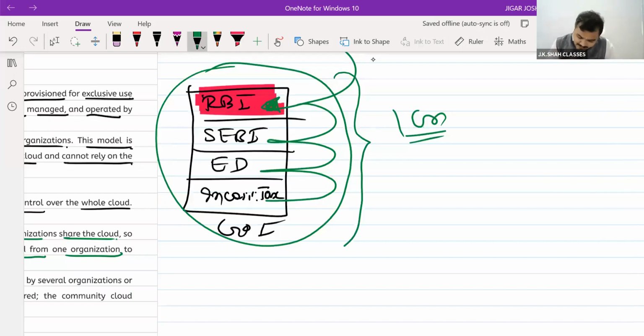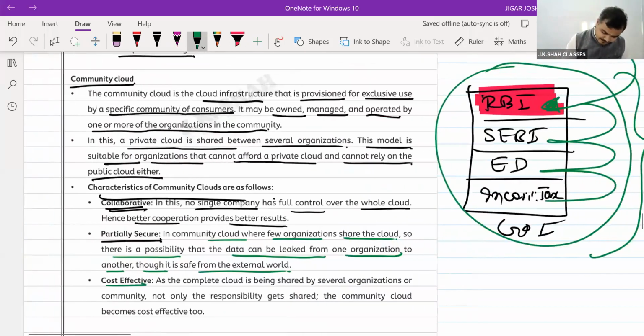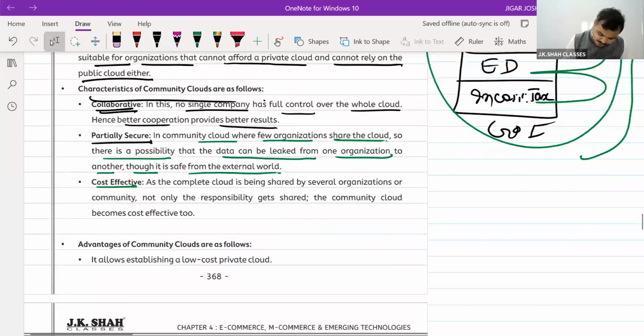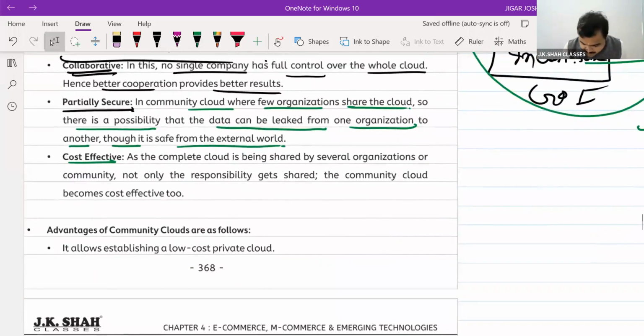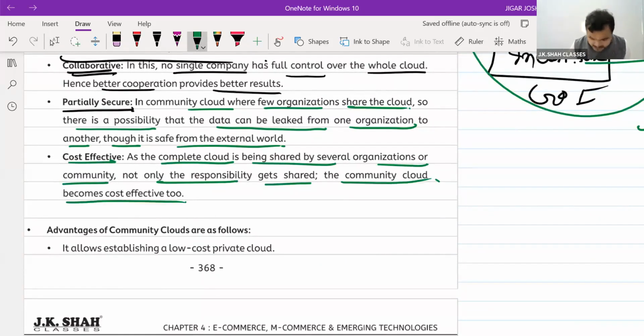But if 4 organizations come together, the cost is divided, 20 lakhs per organization. Yes. The cost would still be 1 crore, but now they will share it, and that's the cost advantage. As a complete cloud is being shared by several organizations or a community, not only does responsibility get shared, but the community cloud becomes cost effective too.